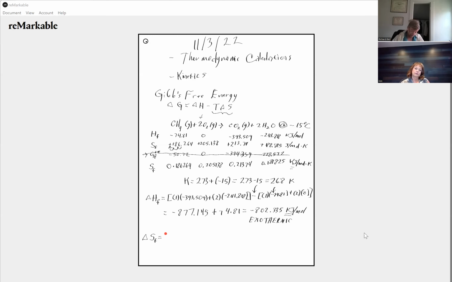Once again, products minus reactants. So we start with carbon dioxide. And water. Minus the reactants.